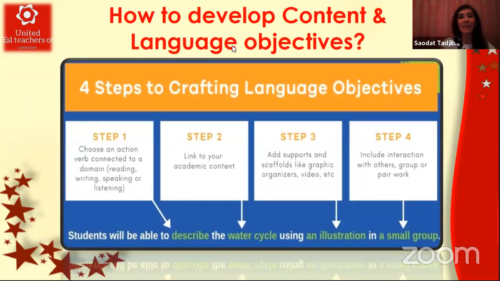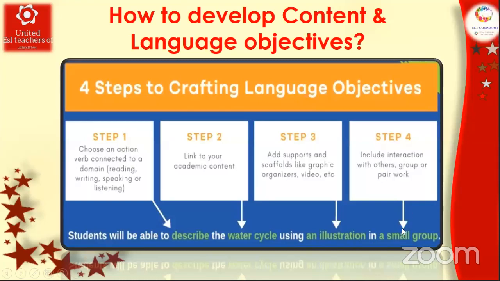And then in the last step, you can go to interaction. So you are now including what kind of interaction you will have with your students. Will it be individual work, group work, or peer work? You are writing the type of interaction here.